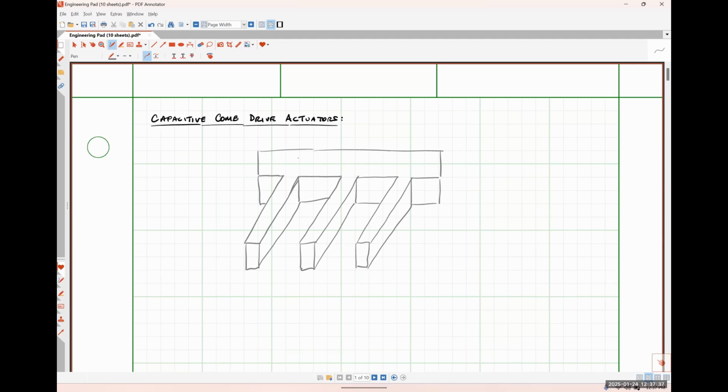So this is going to be my stationary electrode. And then interdigitated between these stationary electrodes, we will once again have some movable electrodes or fingers, however you want to call them.